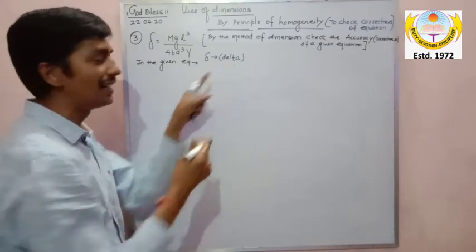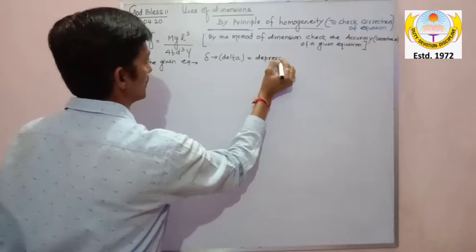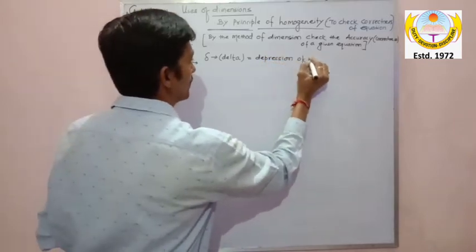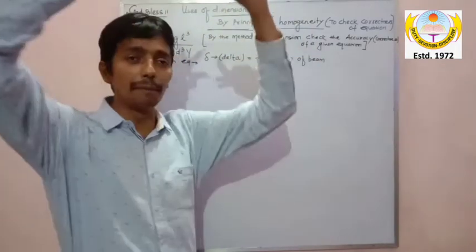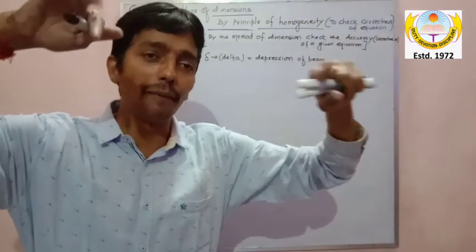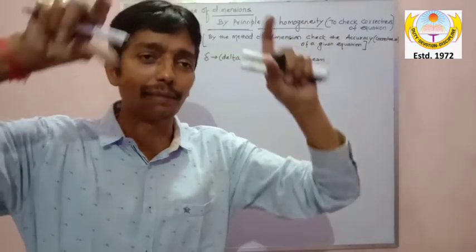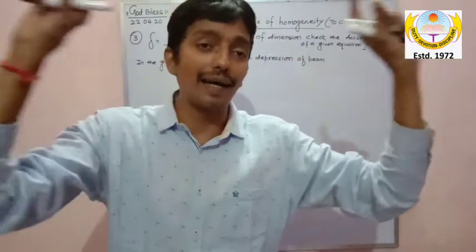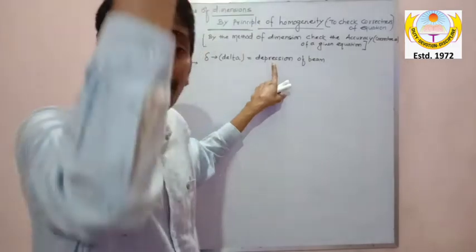This delta gives the depression of the beam. You know beam. We use a beam while making houses and while making bridges. We call it a beam bar. And that beam, my dear, gets depressed.